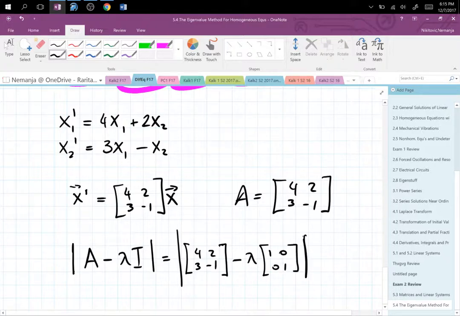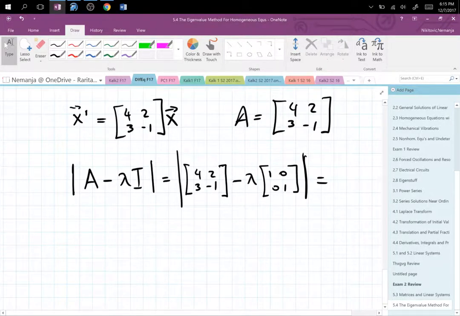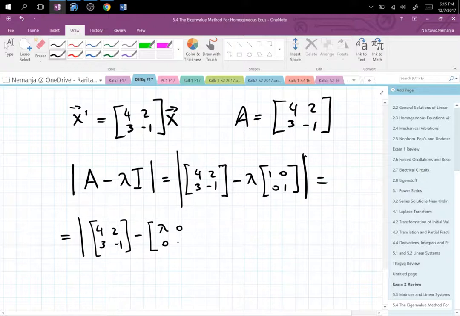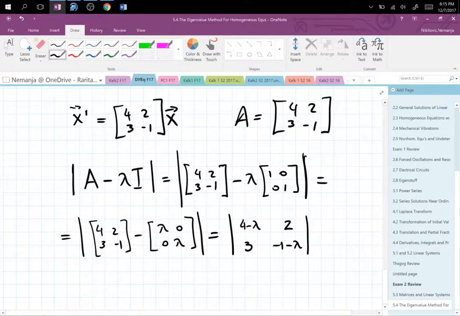You can skip all of these steps, especially those of you who went through linear algebra and know what's going on. So now you have 4, 2, 3, negative 1 matrix minus the matrix lambda, 0, 0, lambda, which now when you combine them, you have 4 minus lambda, and then 2, and then 3, and then negative 1 minus lambda. And you have to find the determinant of that.